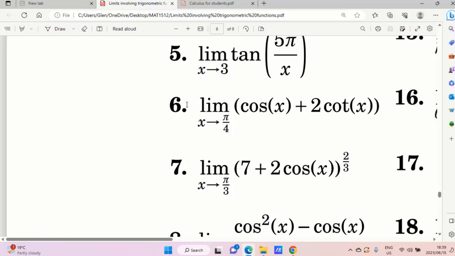I'm changing it to 4, sir, because I simplified it further. Oh, you simplified it further. Okay.